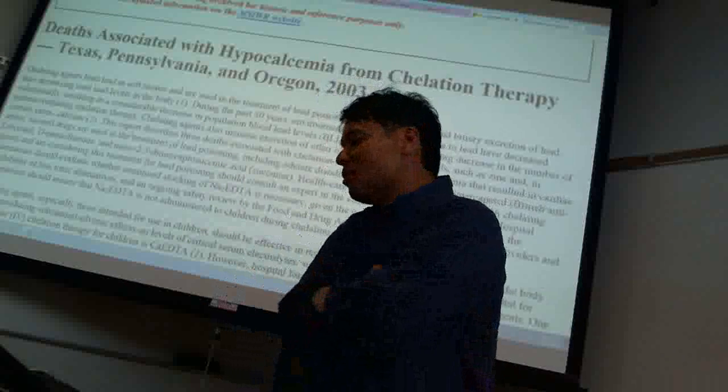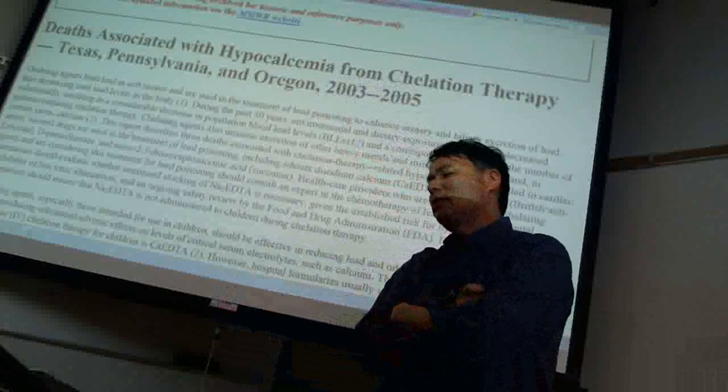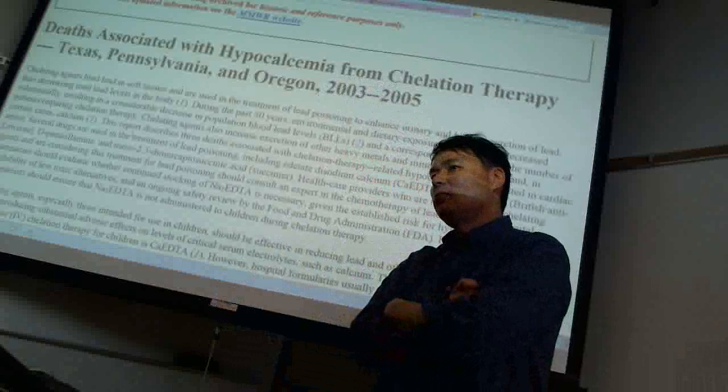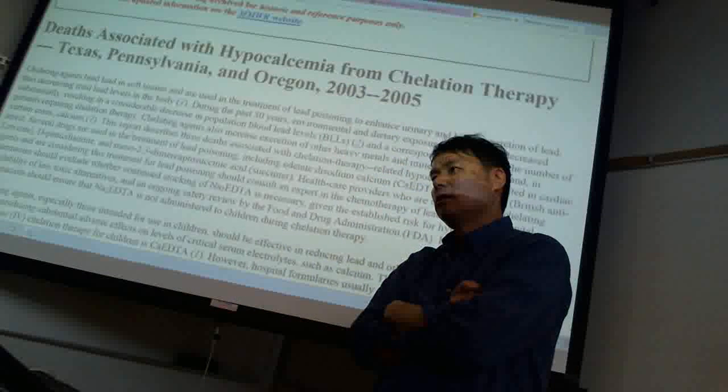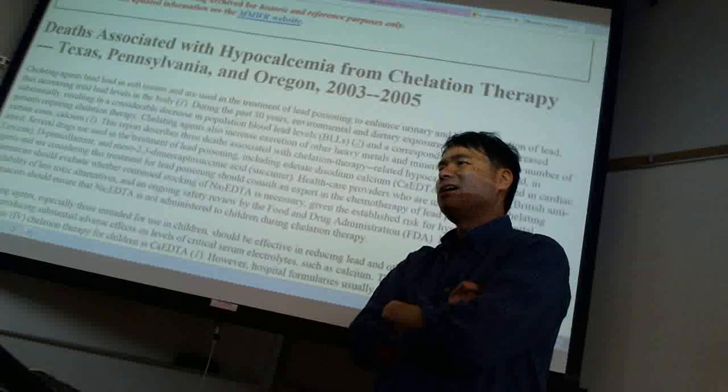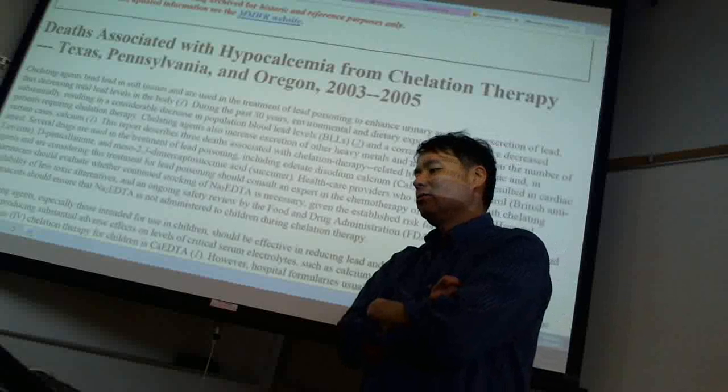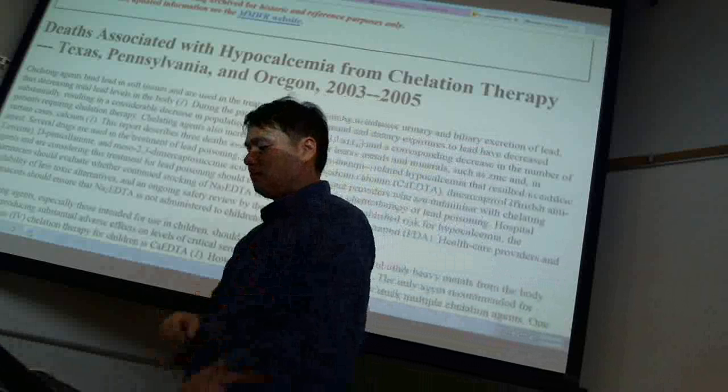Which one do you think is more reactive and why? Sodium EDTA or calcium EDTA? Sodium. And why? Weaker bond. Weaker bond, right? Much weaker bond.